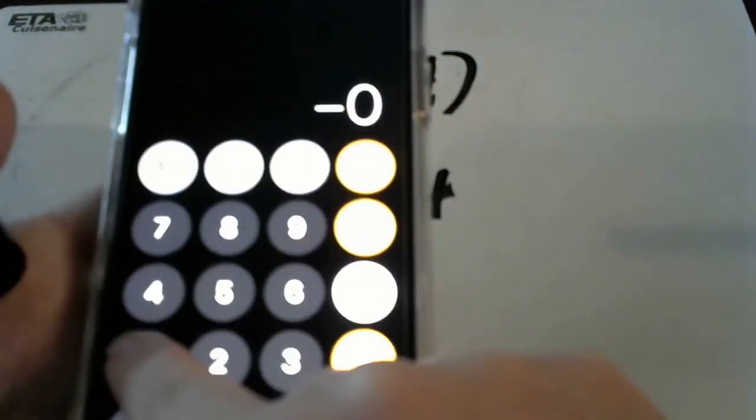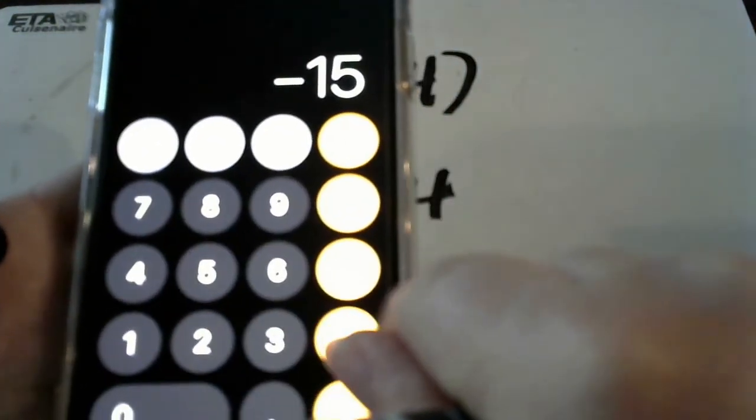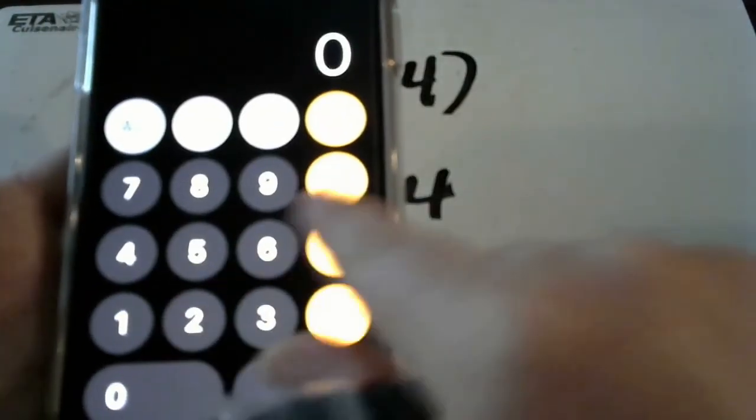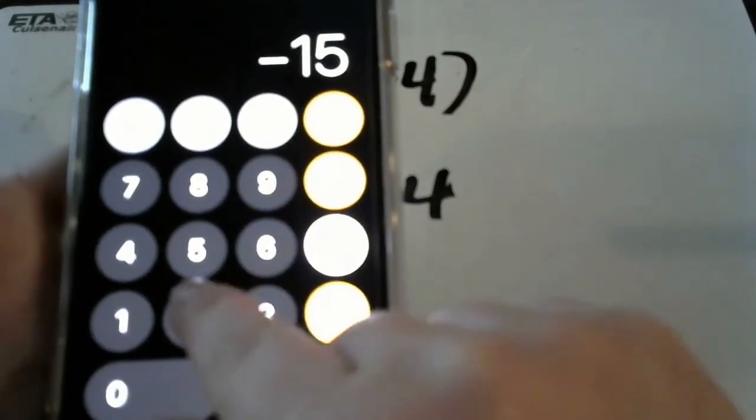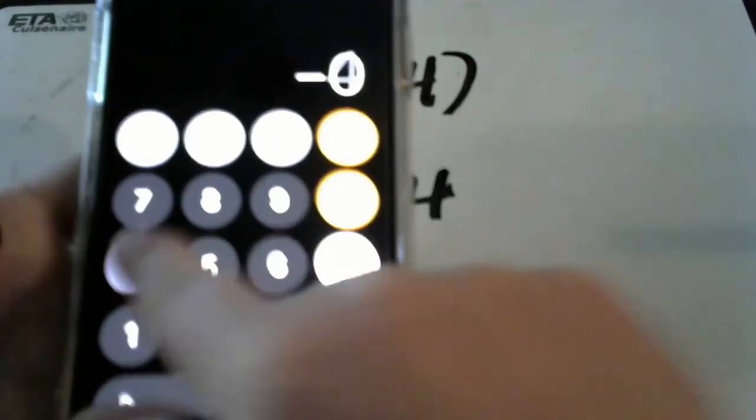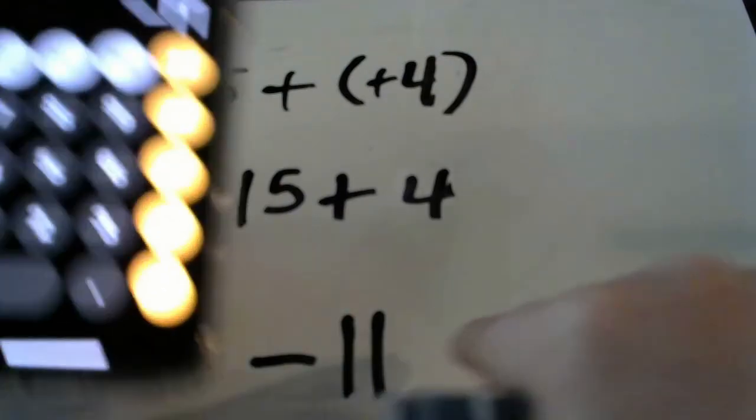Negative, let me make sure it stays on there, 15 minus, well, let me clear it out. Sorry, guys, negative 15 minus negative 4, negative 11. Sorry, guys, my craziness on this phone.